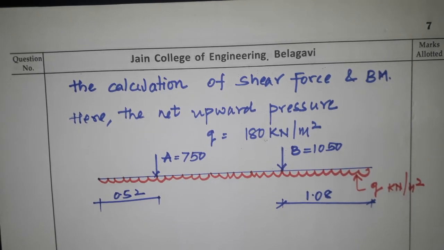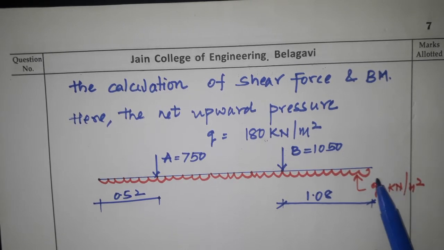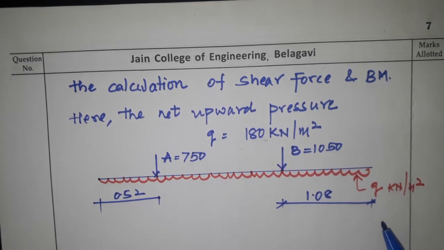Now this pressure is 180 kilonewton per meter square, and we need to convert it into kilonewton per meter. We have to convert it as a UDL for the width of footing.